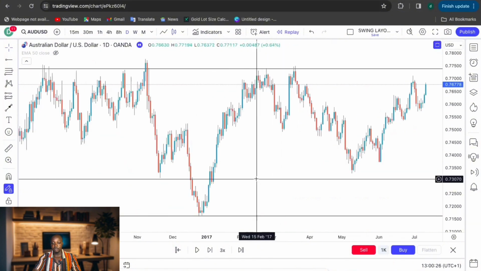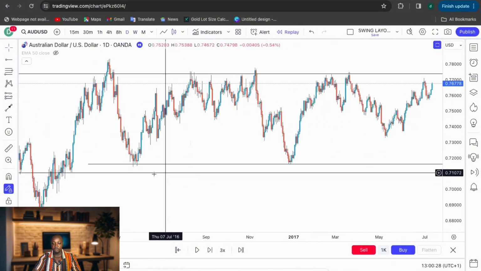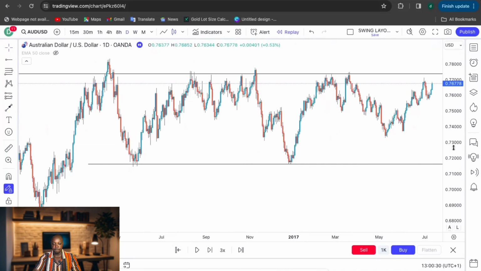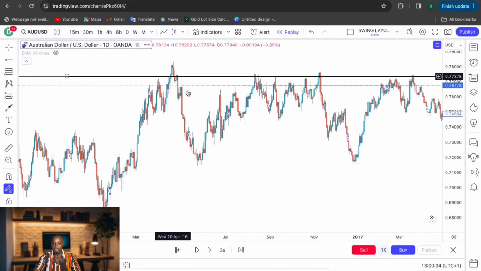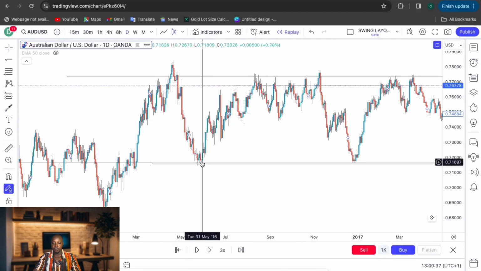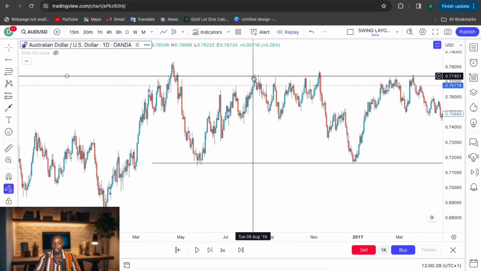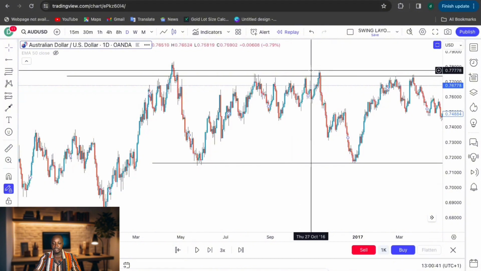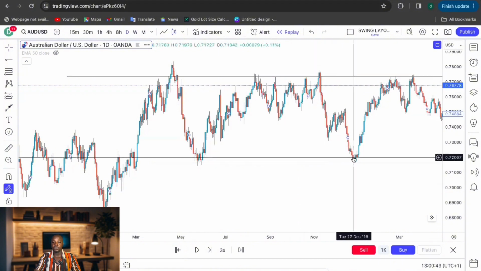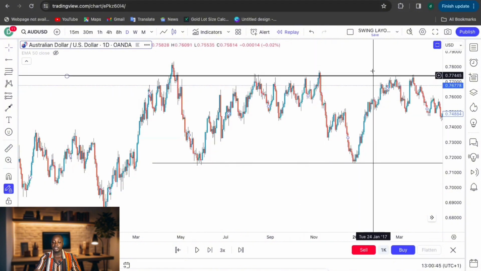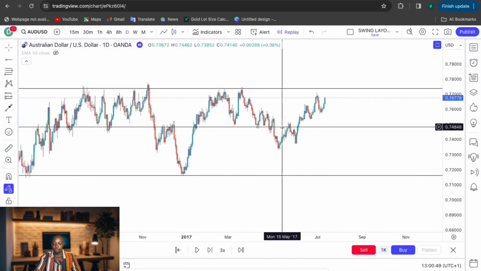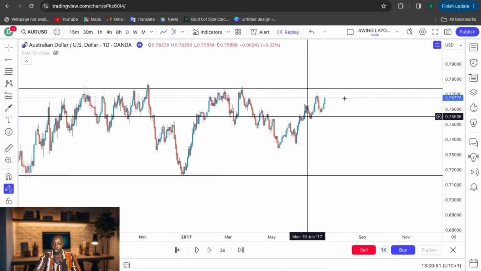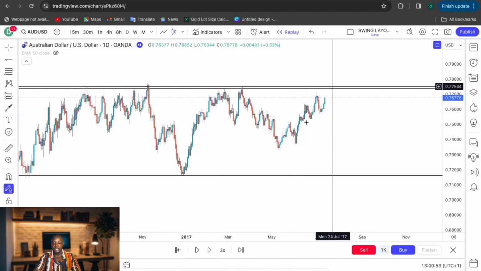Now, if you look at this market closely, watch what the market was doing. The market came from this high, came down to this low, pushed back up to this high, played around this high, came back to this low, pushed back up to this high, still playing around this area.